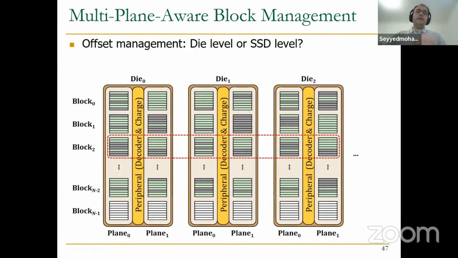But as I said, it has some pros and cons. In reality, we don't know exactly how it is implemented in commodity SSDs. And it's one research direction to comprehensively study the design space of superblock management in SSDs.